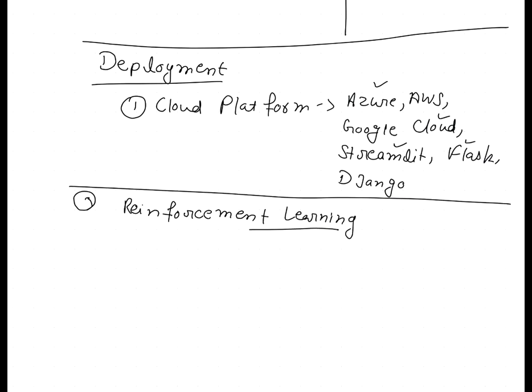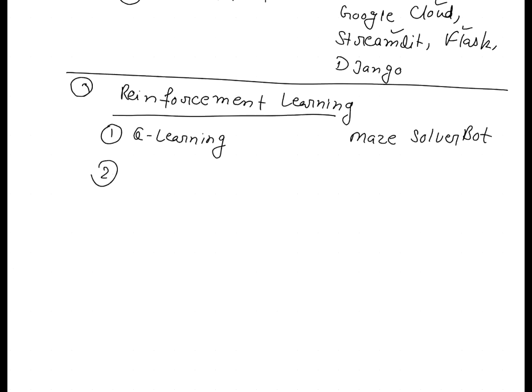For this, you need to learn the first algorithm, that is Q-learning. For this you should do the project maze solver bot. This is a very advanced level. And then second, you can use the deep model, Deep Q Network.